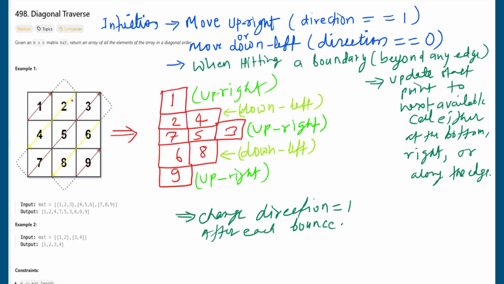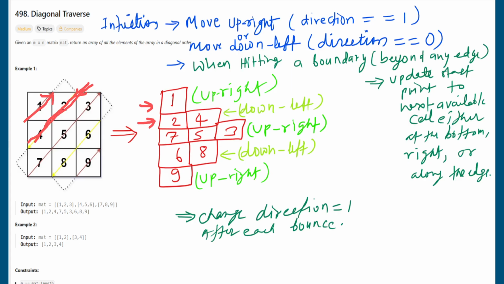As we can see here, the first time we traverse, we make the upright direction and we get the element over here, which is 1. Then when we reach here, we know that we have to flip the direction. So we move in this direction where we get 2 and then 4, going downward left.